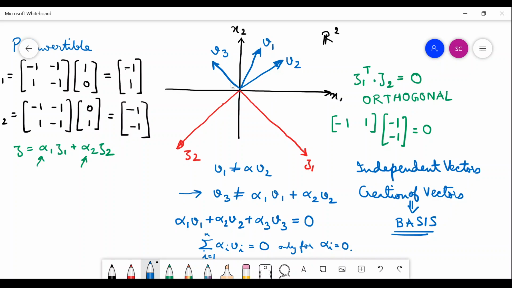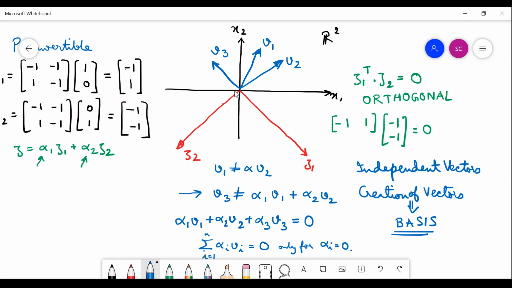Suppose that v3 is outside this x1 x2 plane. v3 is outside the R2 plane in the R3 vector space, three-dimensional space. Then v1 v2 is a set of independent vectors but not a basis of R3 space.